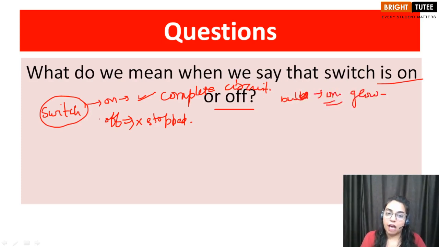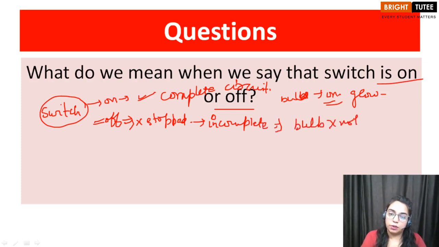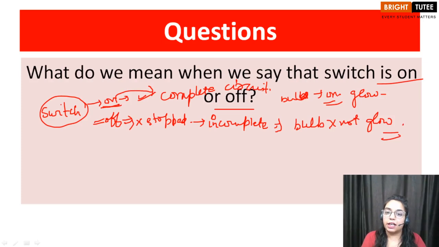Whereas if we have a switch off position, then the circuit will be incomplete, and the bulb will not glow, right children? So this is the meaning of on and off. In case of on, the circuit is complete and the current will flow. In case of switch off position, the circuit is incomplete and the current will not flow.